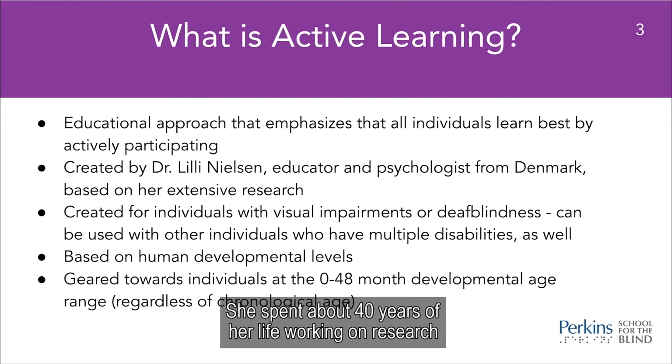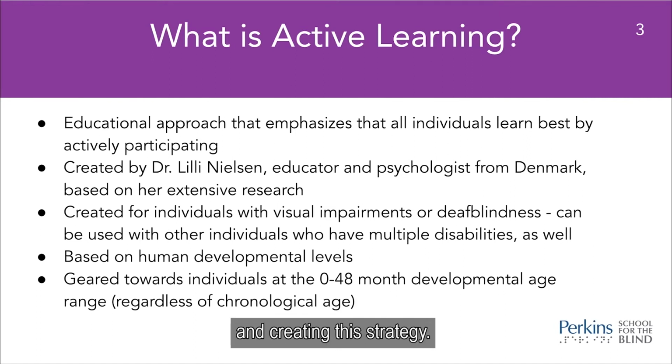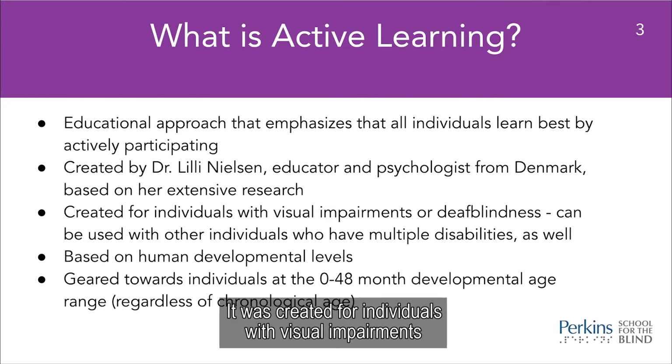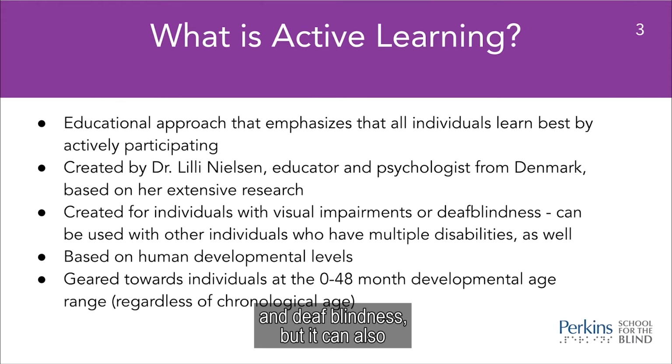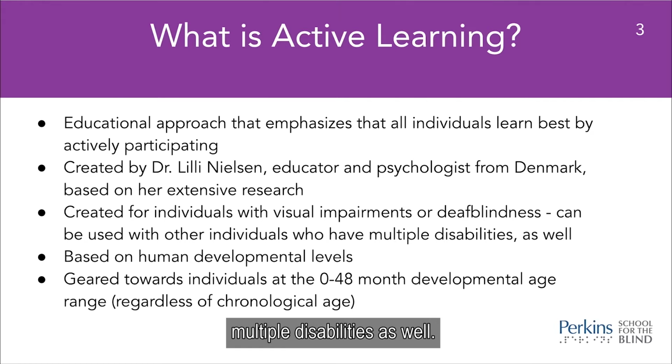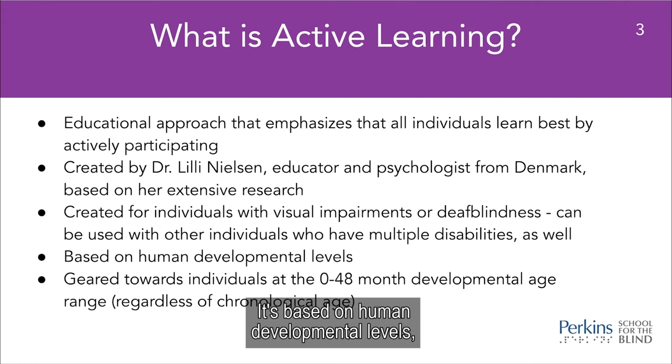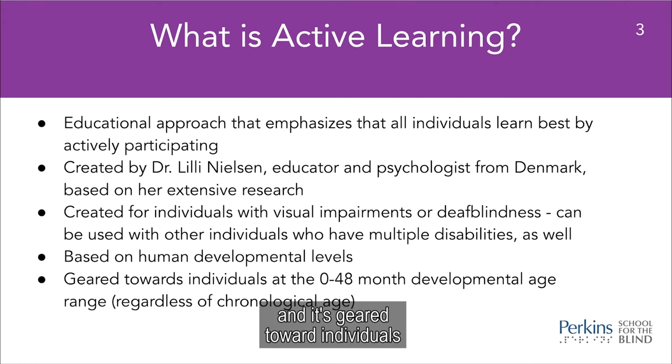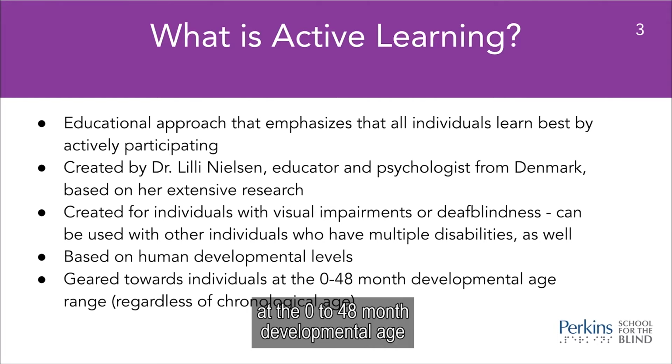She spent about 40 years of her life working on research and creating this strategy. It was created for individuals with visual impairments and deafblindness, but it can also be used with individuals who have multiple disabilities as well. It's based on human developmental levels, and it's geared toward individuals at the 0 to 48-month developmental age range, regardless of chronological age.